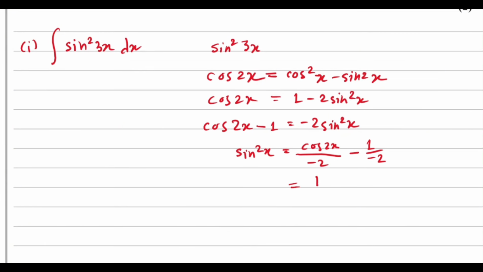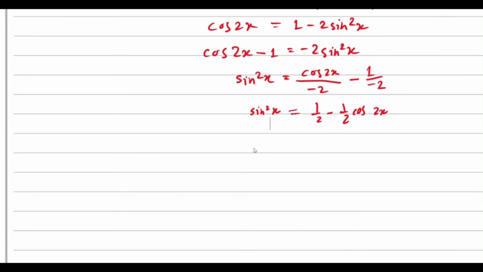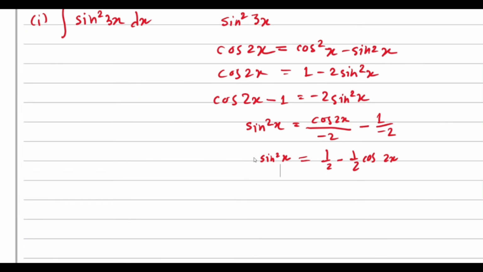This will give us half minus half cos 2x equals sin squared x. So this is our identity. This is the identity that converts sin squared x into cos 2x, and cos 2x is a linear term.